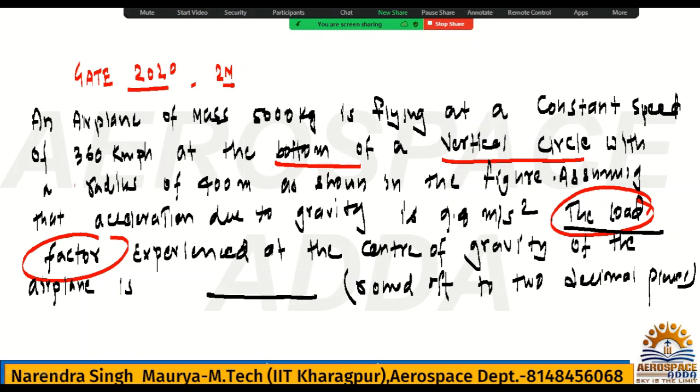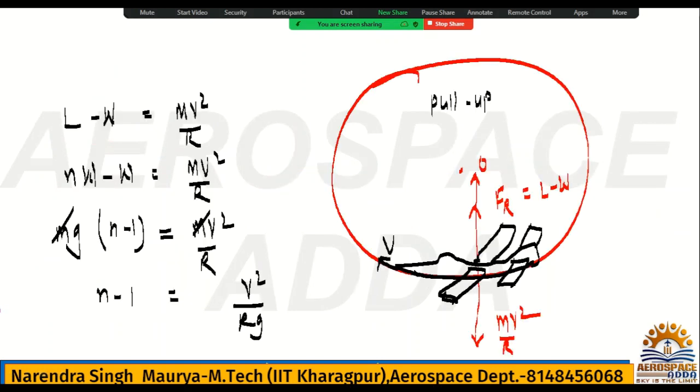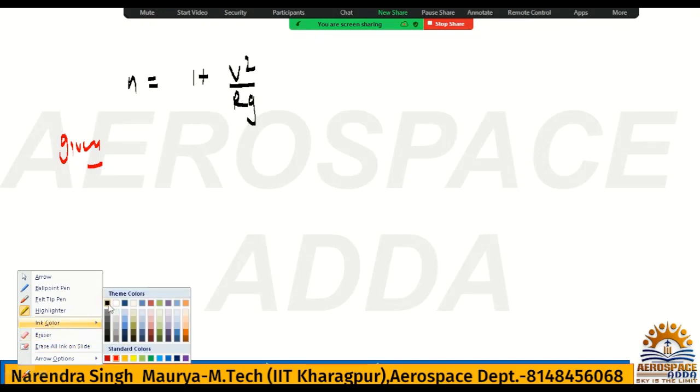So velocity they have given as 360 kilometer per hour. Mass they have given, but I think mass cancels out, so no need to write it. Radius of the vertical turn, 400 meter, they have given to you. And g also they have given, 9.8. If they have not given it, you can use that. So we'll write this. What value have they given us?